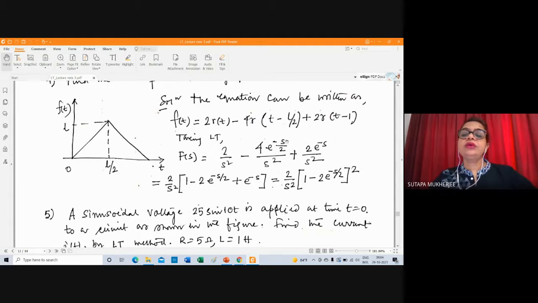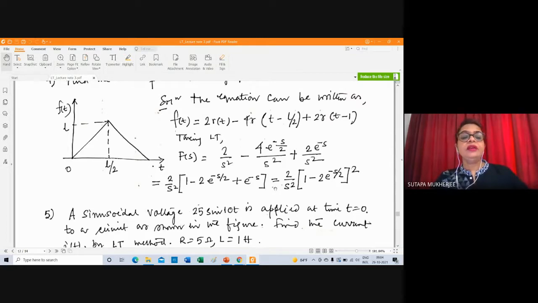Also see one more thing, the L has been missed here, an L will come here. Is this correct? No. What is the Laplace of this one? 2 by a square. What is the Laplace of this one? 4 by a square e to the power minus Ls by 2. The L is missing here.